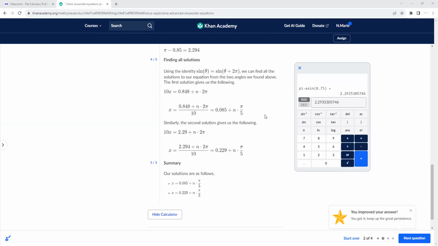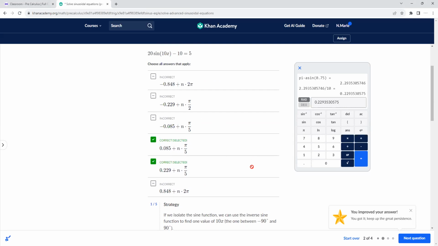Now, since we had the 10x, if we divided this by 10, it pretty much moves the decimal place over, right? So that's why the decimal place is moved over here. Because remember, we had 10x.